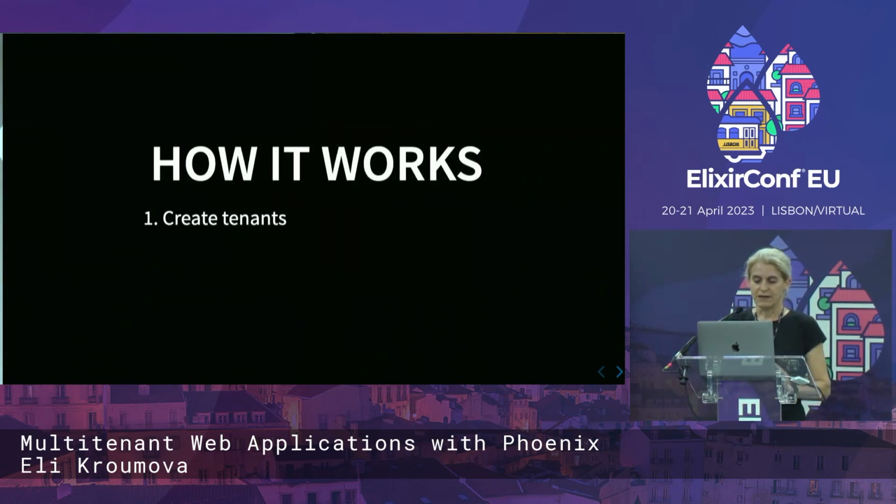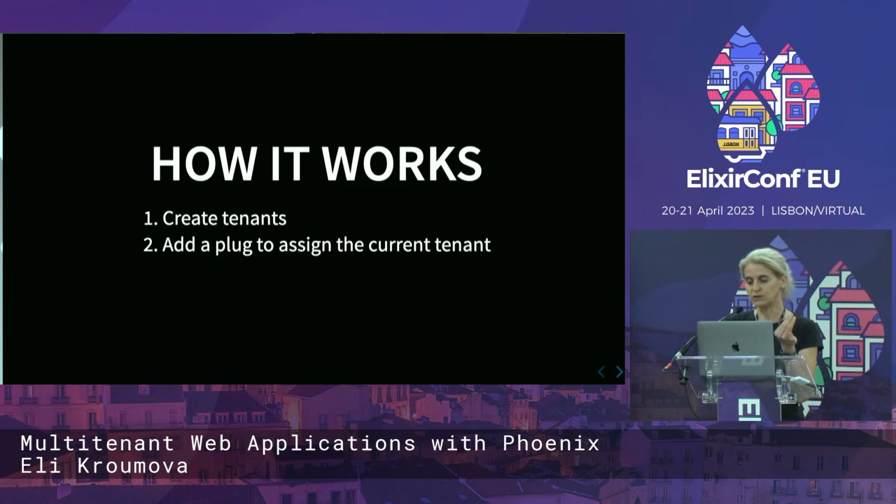So in summary, there are 3 steps that we have to add to the Phoenix life cycle in order to prepare it for multi-tenancy. The first one is to create the tenants. This is something that we can do outside of our application, creating the databases or the Postgres schemas that we need, but we can also use a library for this work.